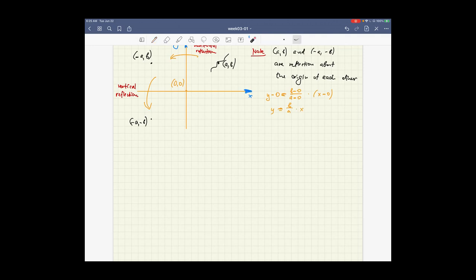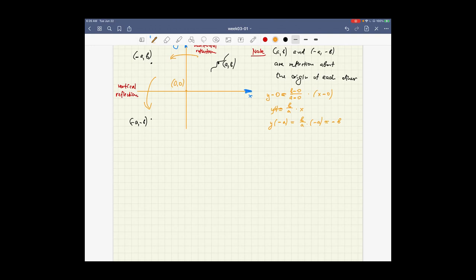That is the equation of the line. Now, what happens if I plug in negative a instead of x? y at negative a will be b over a times negative a, and that's negative b.